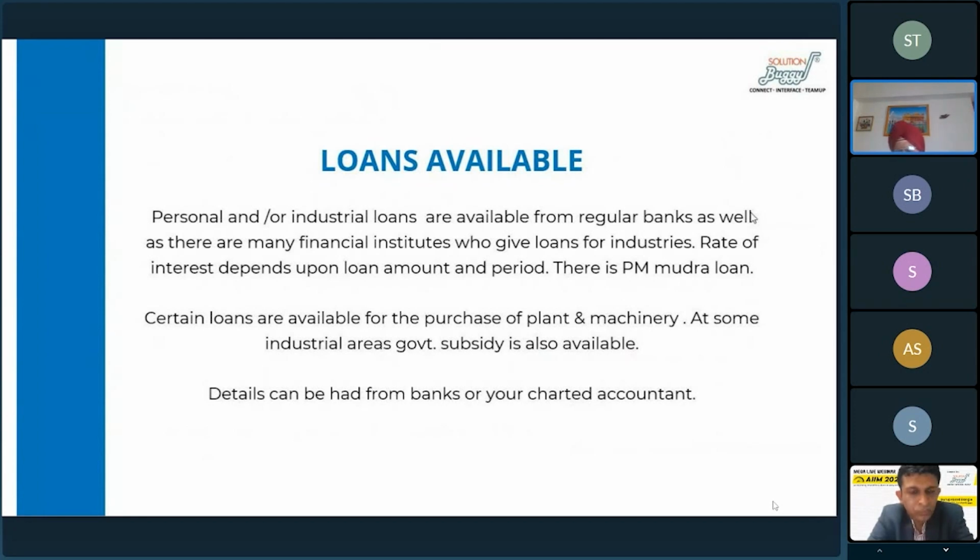So all those raw material things are required whenever you start an industry. Then manpower is also required, whether manpower is locally available or not. All those small factors depend upon your industry, how much and what technical manpower is required.